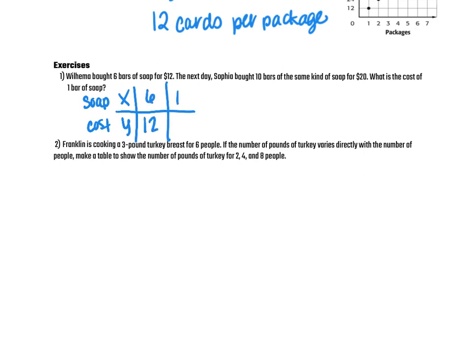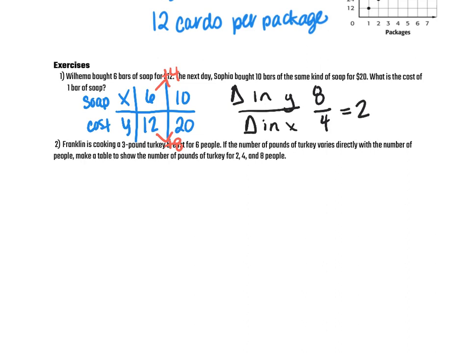And for 10 bars of soap, it costs $20. So the change right here from 12 to 20 is plus 8. The change from here is plus 4. So if we do the change in Y over the change in X, we get 8 over 4, which reduces to 2. So we have $2 per bar of soap.